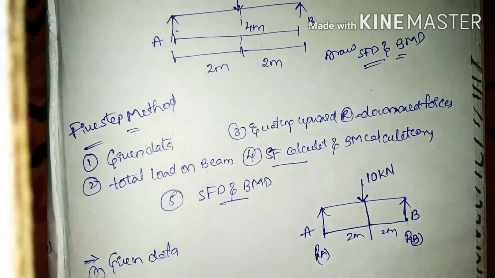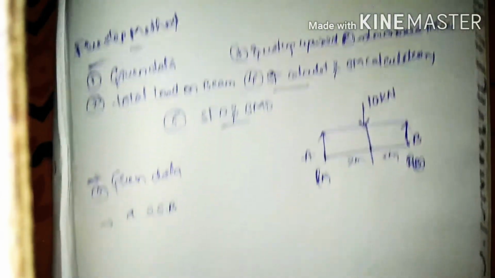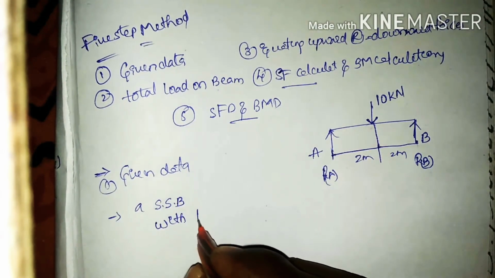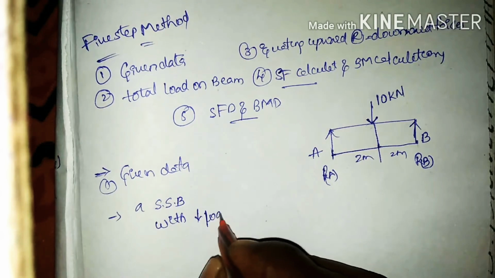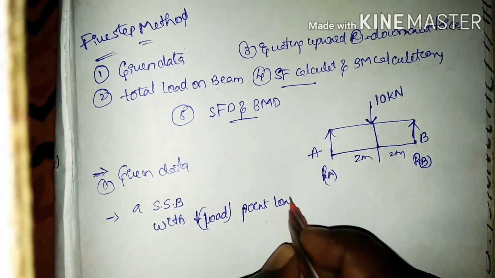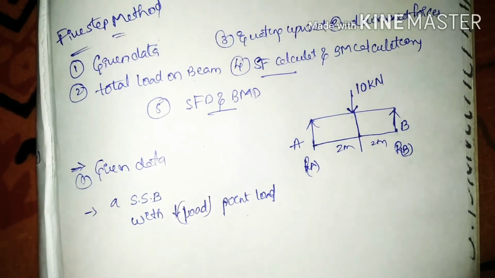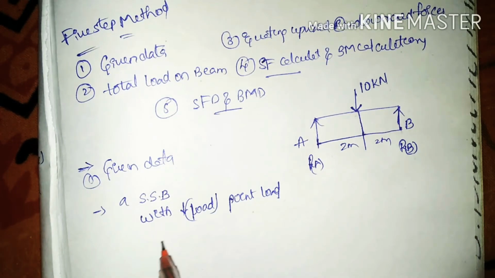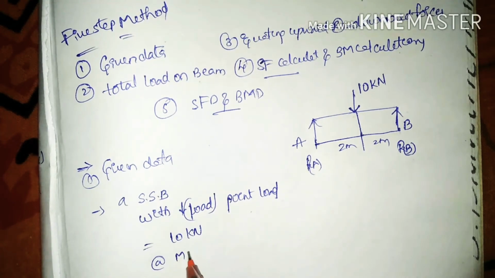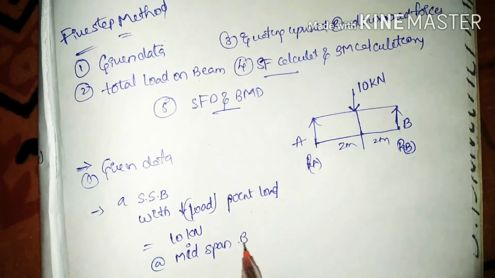Number 1, given data: a simply supported beam with a point load of magnitude 10 kilonewtons at the midspan of the beam.